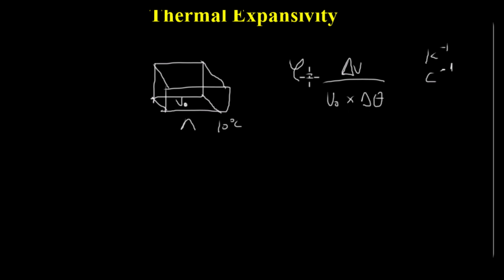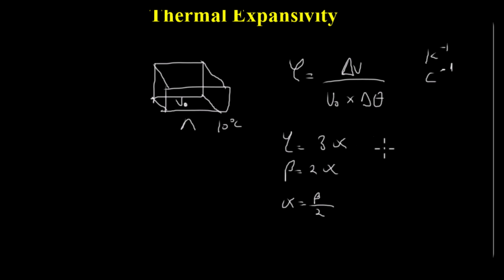Now, the relationship between cubic expansivity and linear expansivity is given as gamma equal to 3 alpha. But remember, we already said beta is the same thing as 2 alpha. So if we make alpha the subject of the formula here, alpha is the same thing as beta over 2.